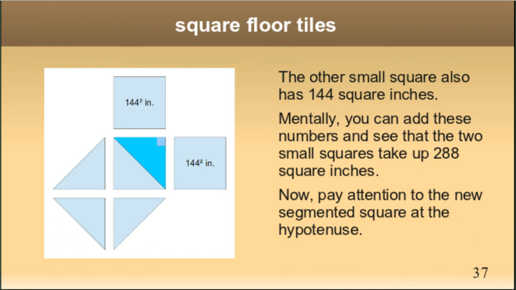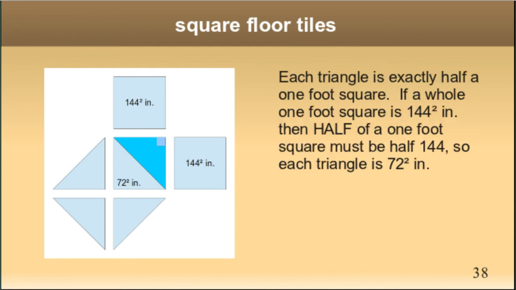Now, pay attention to the new segmented square at the hypotenuse. Each triangle is exactly half a 1 foot square. If a whole 1 foot square is 144 square inches, then half of a 1 foot square must be half of 144. So each triangle is equal to 72 square inches.